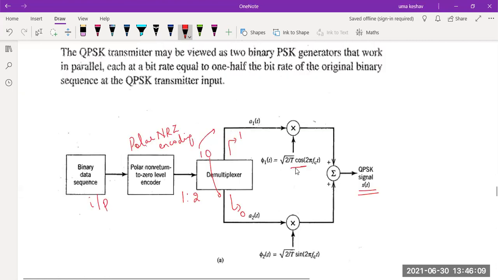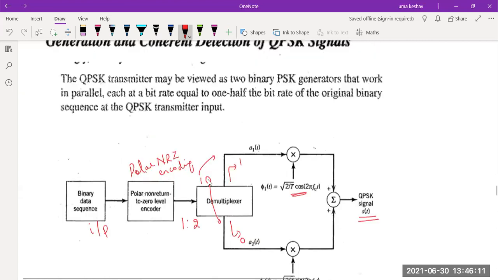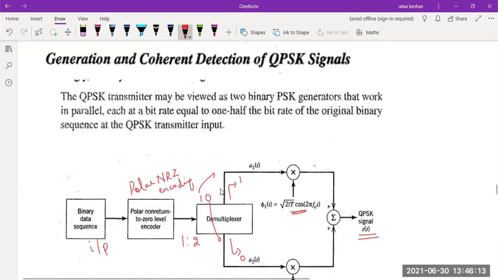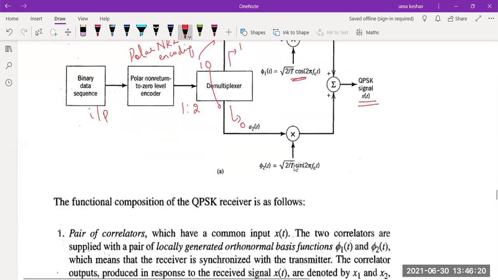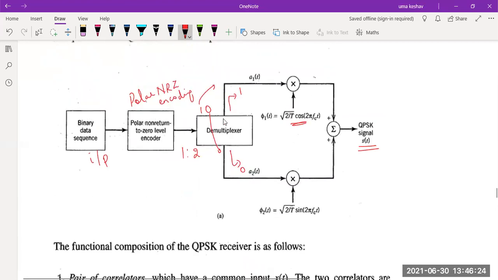As you can see here, the odd numbered bits like first bit, third bit, fifth bit, they get multiplied with a cosine, and the even numbered bits get multiplied with a sine. Remember that. Odd bits which are separated by this demux get multiplied with the cosine, and the even bits get multiplied with a sine. So please remember this.